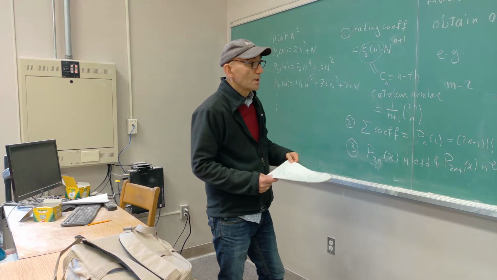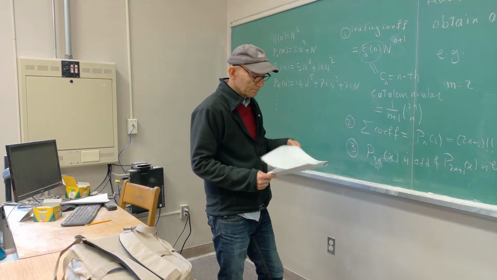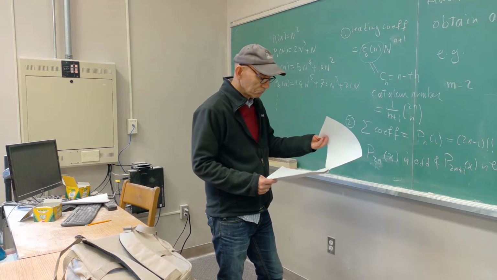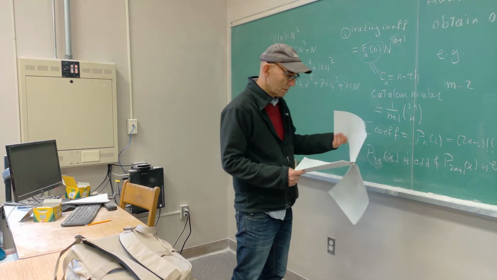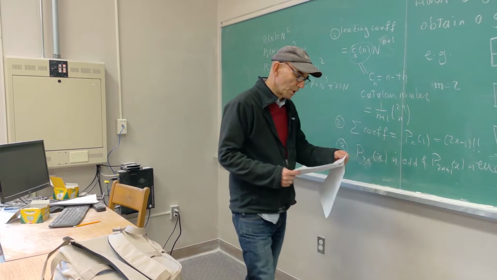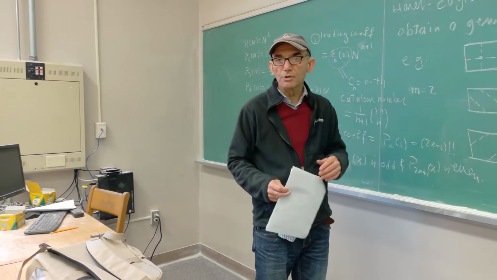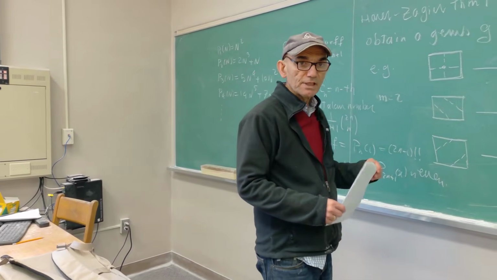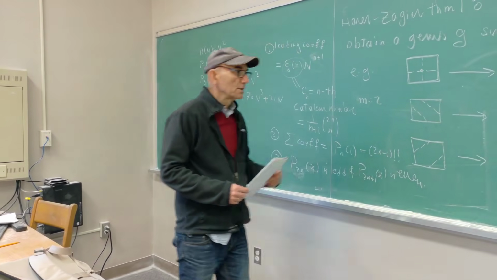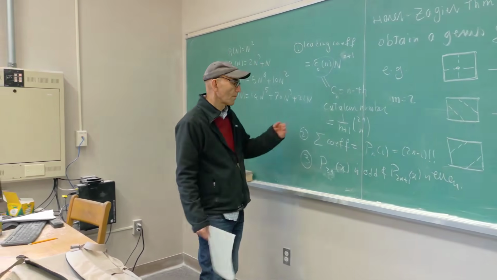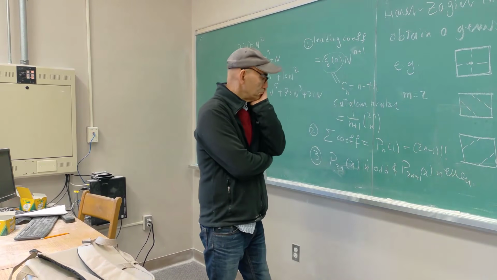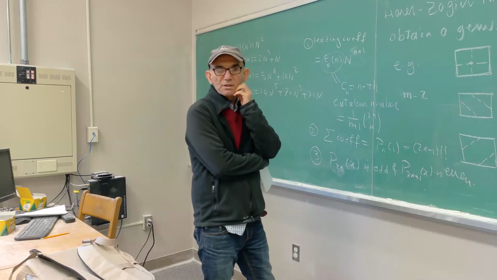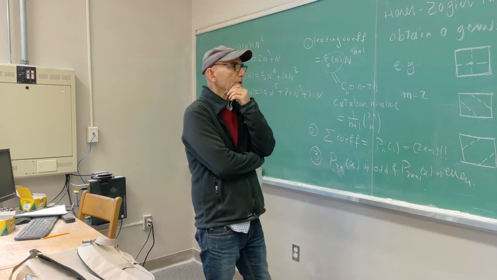But beyond that, we don't know much. But now there is this magic formula of Harer and Zagier that actually tells us what this P_n(x) is rather explicitly, but it's not completely explicit.